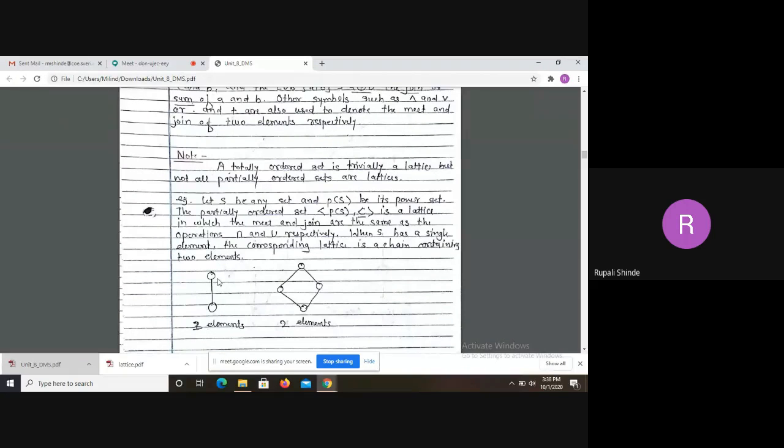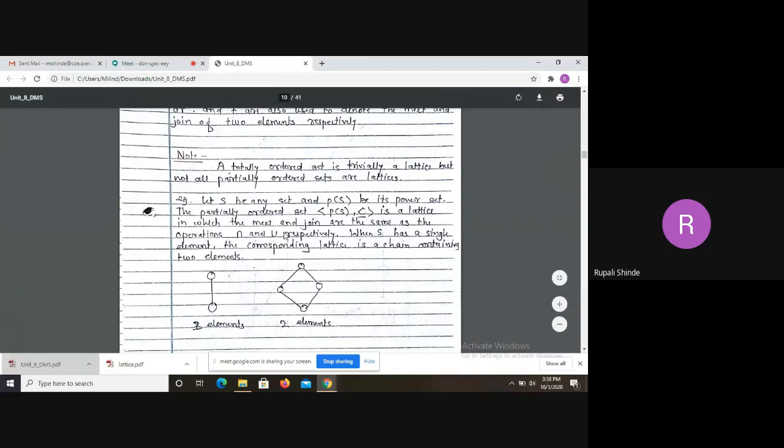Okay. जर chain असेल, chain means if elements are connected in a line, then the lowest element will represent the greatest lower bound and the upper element will represent the least upper bound. So if you consider these two elements as A and B, then A is the greatest lower bound and B is the least upper bound.